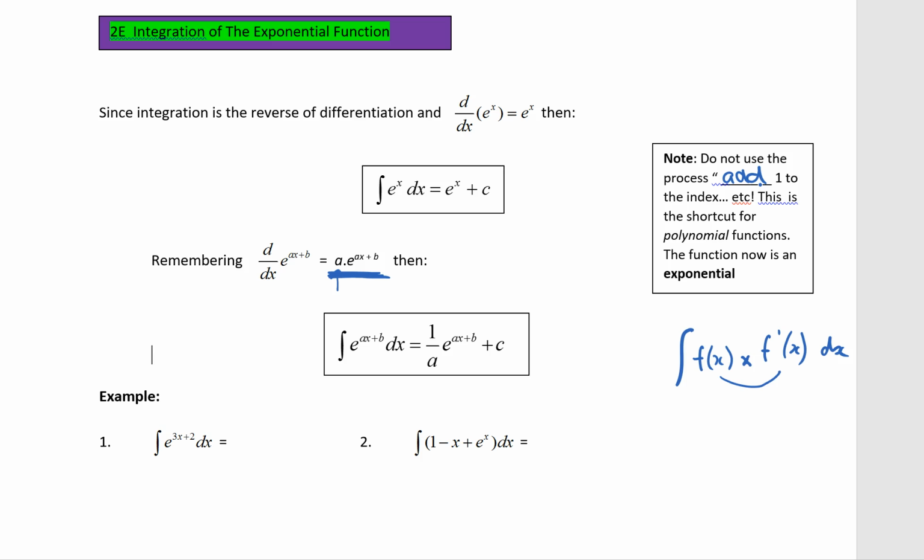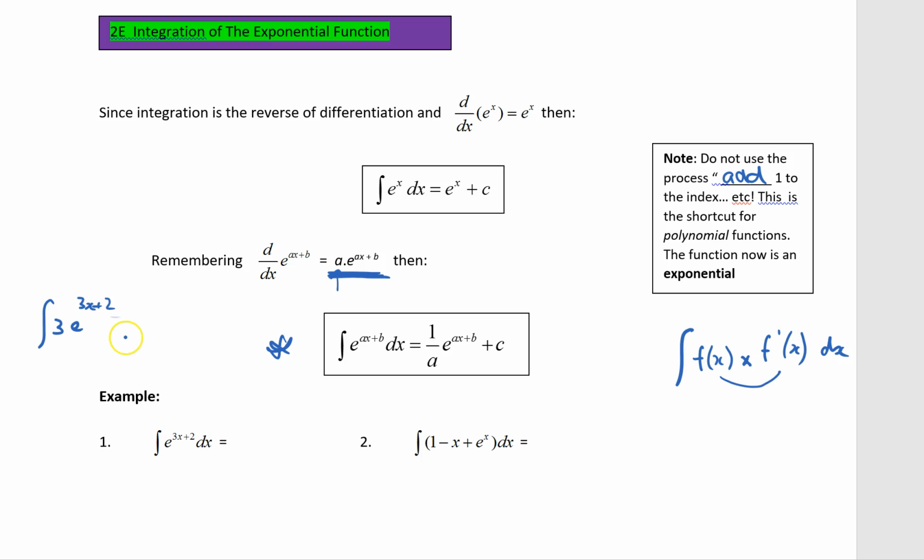Okay, let's have a look at the example. The integral of e to the 3x plus 2. So we're jumping straight into a situation like this. I can see that it is e to a little function in x. Now, ideally, I would have preferred the integral of 3 times e to the 3x plus 2.